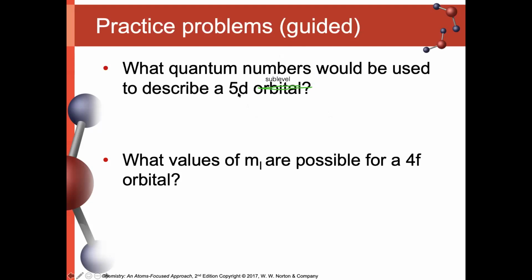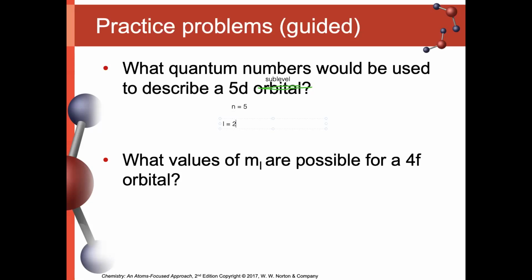If we're describing the 5D sublevel, we have to know that we're looking at 5 and D. The fifth energy level would be described by n equals 5. The D sublevel would be described by L equal to 2, because the number 2 corresponds to the D sublevel.